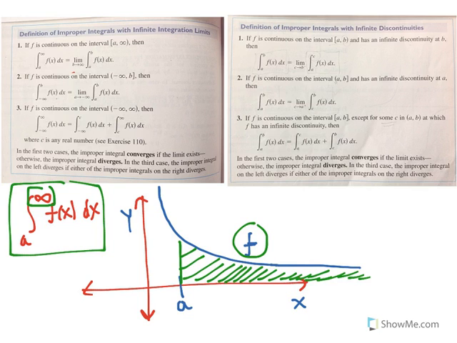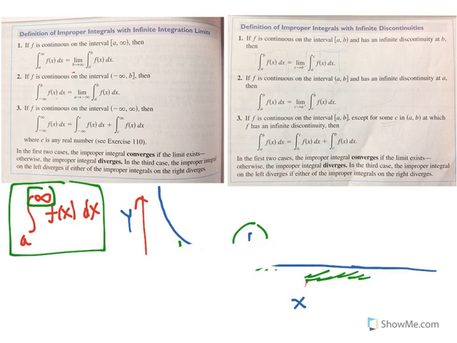If it turns out that the area of this region where the graph of f keeps going without end has a finite area, we say the improper integral converges. If it turns out to have an infinite area, we say the improper integral diverges. Based on that idea, we have the definitions that we'll look at here.